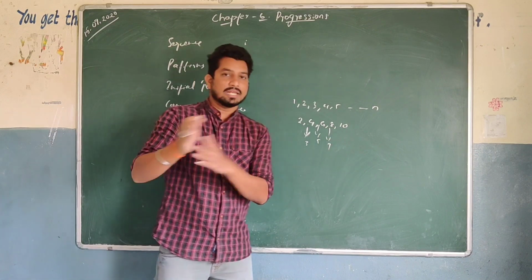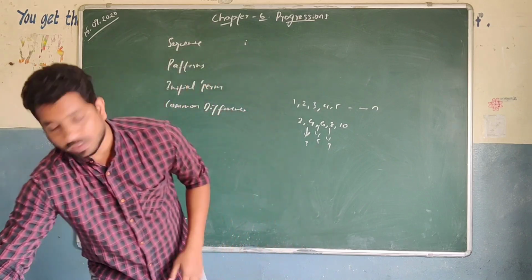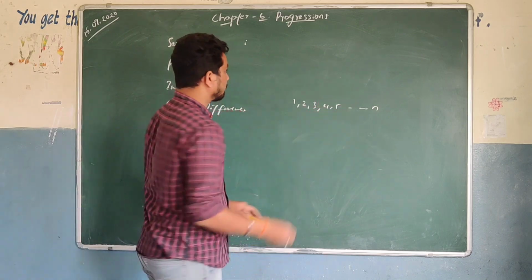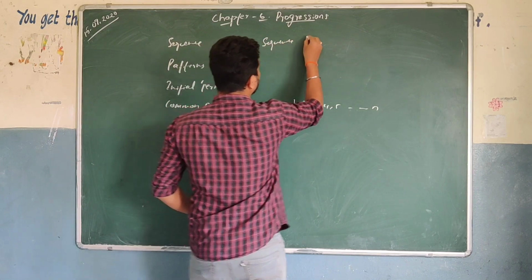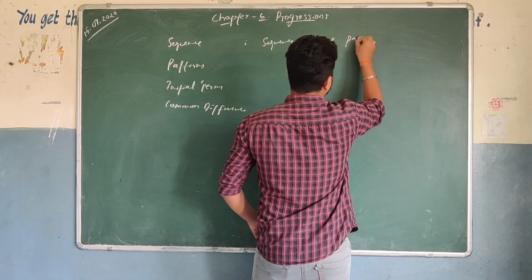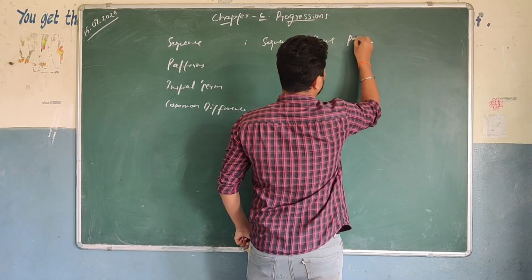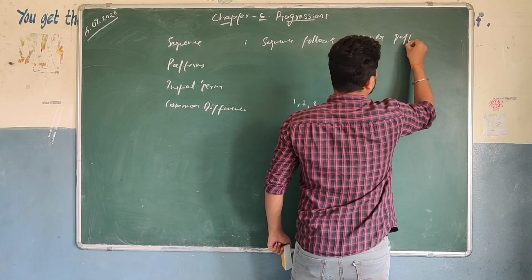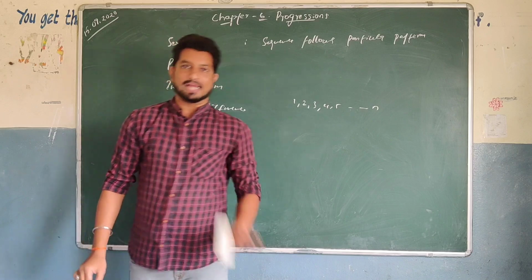So like that we are leaving one number and moving to the next one. So this is called a sequence, and simply we can say that a sequence follows a particular pattern.